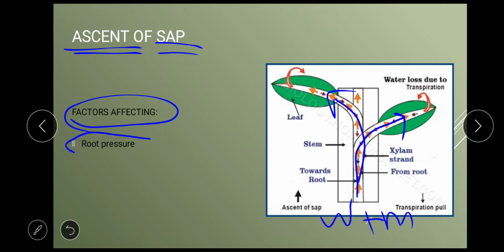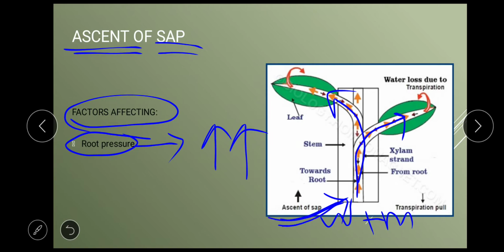Root pressure. So what is root pressure? Now with diagrams we'll understand what is root pressure in the next pictures. Okay, so for now just understand root pressure means roots are pushing the water up. Okay, because see, roots are taking new water inside. रूट्स कंटिन्यूसली वाटर ले रहे हैं अंदर, तो जो पहले से पानी है उसको वो ऊपर पुश करेंगे.